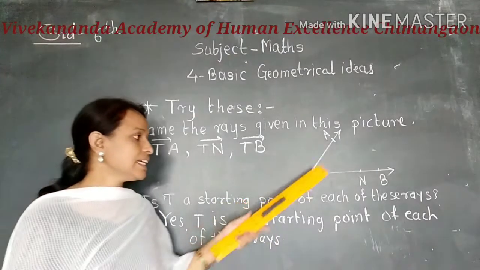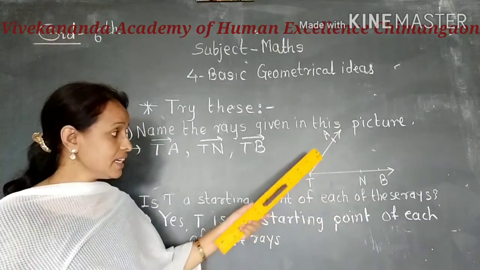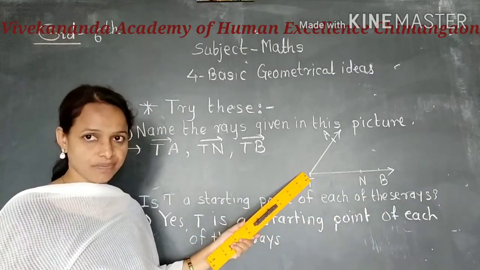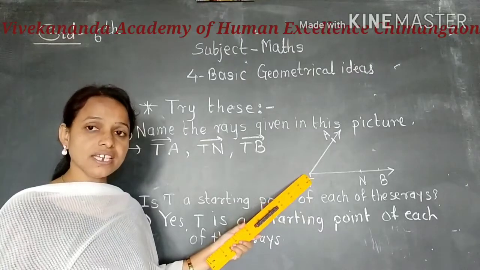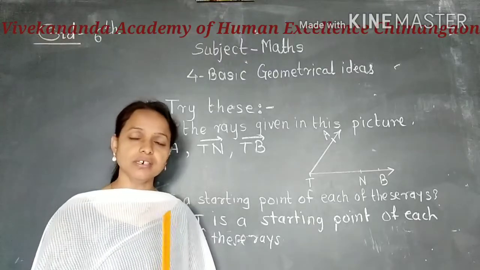See in this figure, TA, TN and TB are the three rays and each ray's starting point is T. It is the initial point or starting point, and the other points are on the path of the ray.